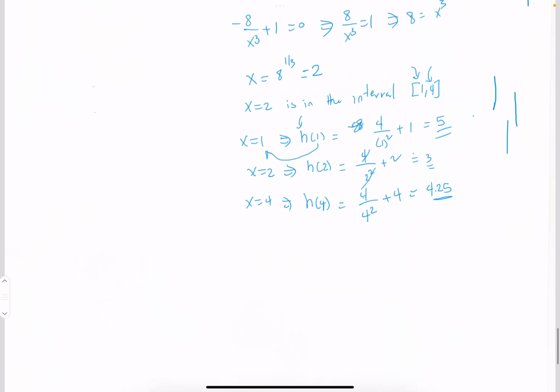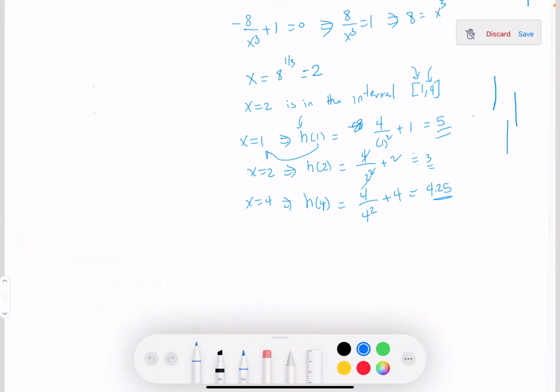Now, we have to determine which of those values, the 5, the 3, and the 4.25, is the absolute maximum.